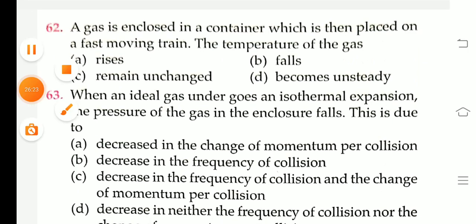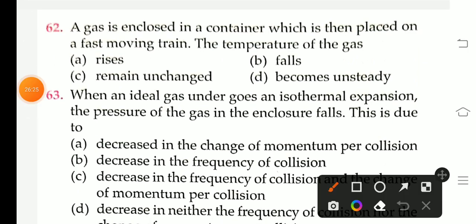Next, a gas is enclosed in a container which is then placed on a fast moving train. The temperature of the gas, right answer will be option C, remain unchanged.